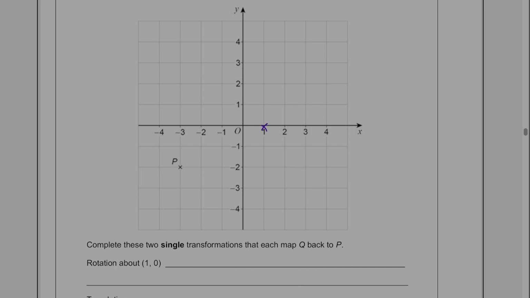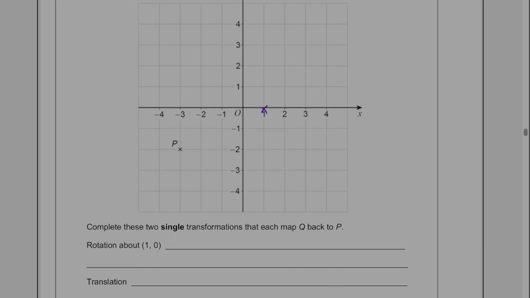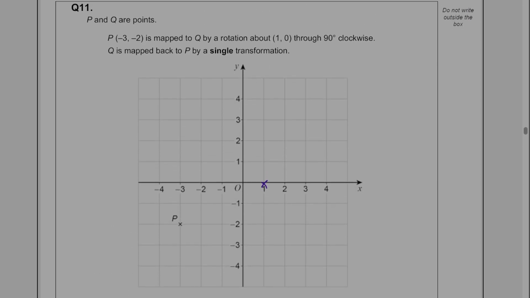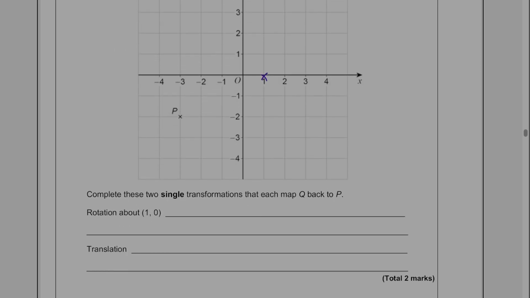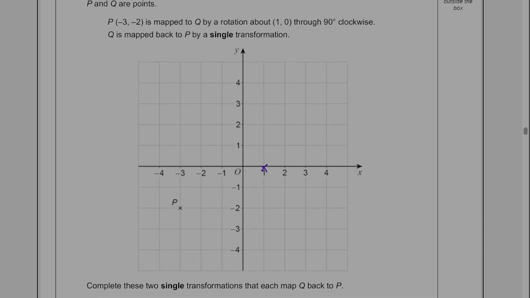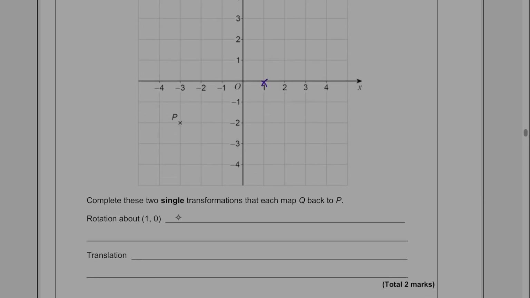Complete these two transformations that each map Q back to P. So we could have a rotation or a translation. If we think about where it would go, first of all, it could be a rotation about (1, 0) through 90 degrees anti-clockwise.